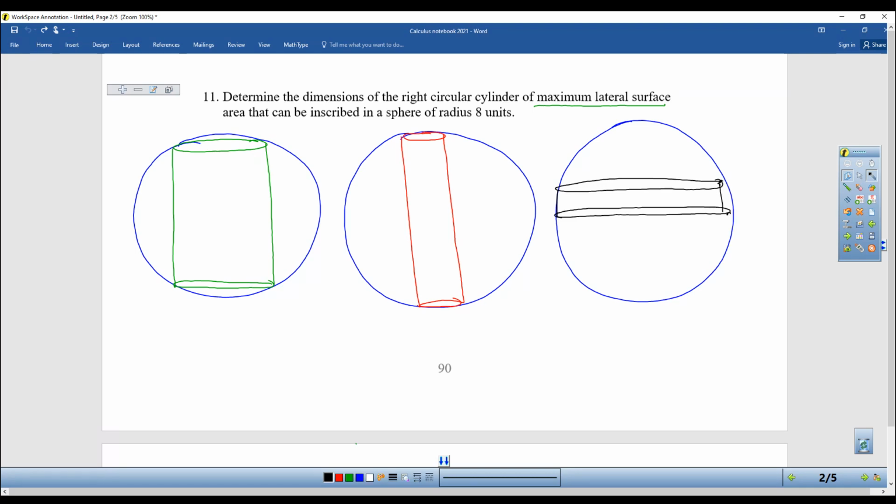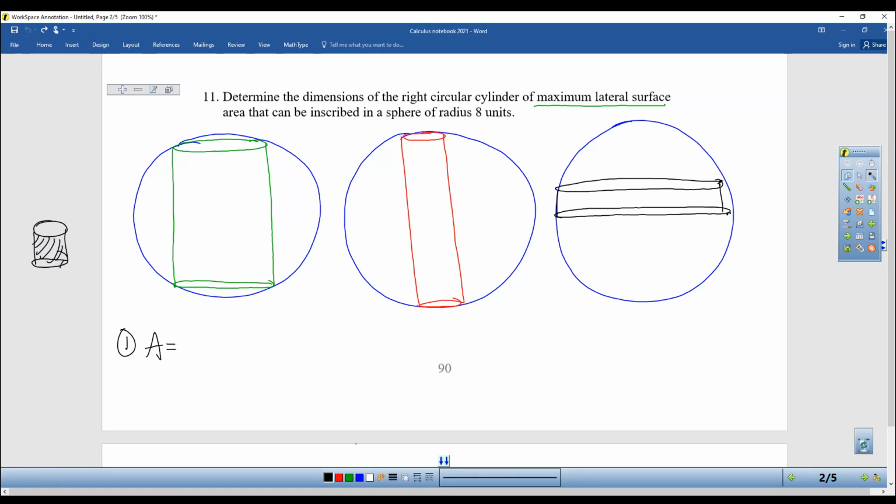So we're trying to maximize the lateral surface area. So step one, what is the lateral surface area of the cylinder? I'm not going to do LSA, just the area. So remember on the problem that we just did, lateral surface area is just the one that goes around.